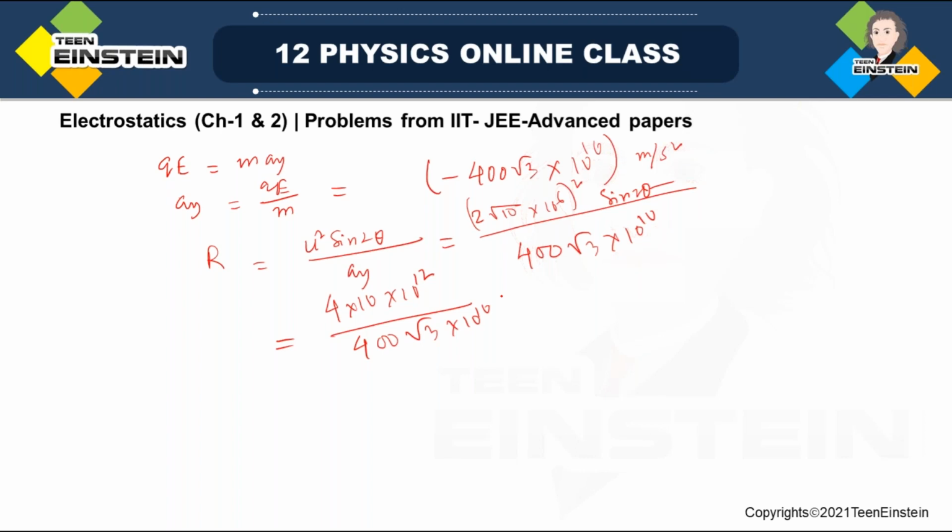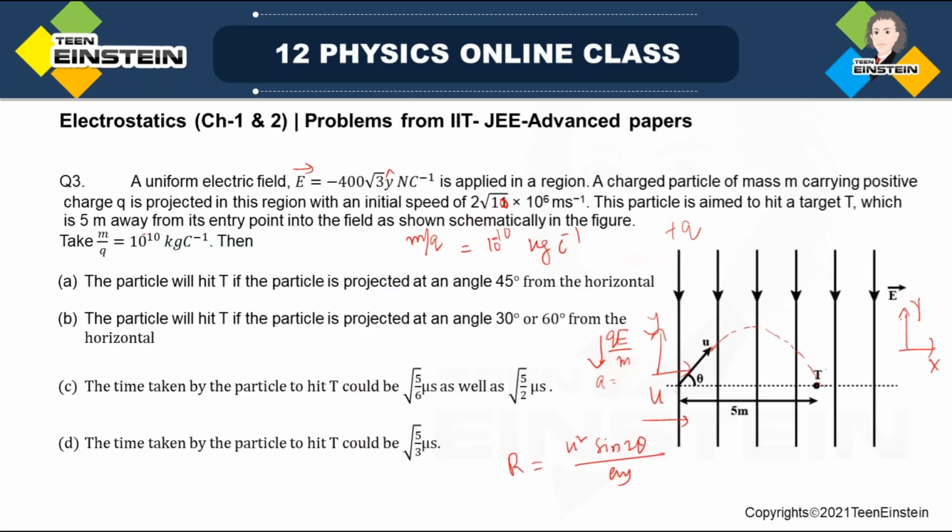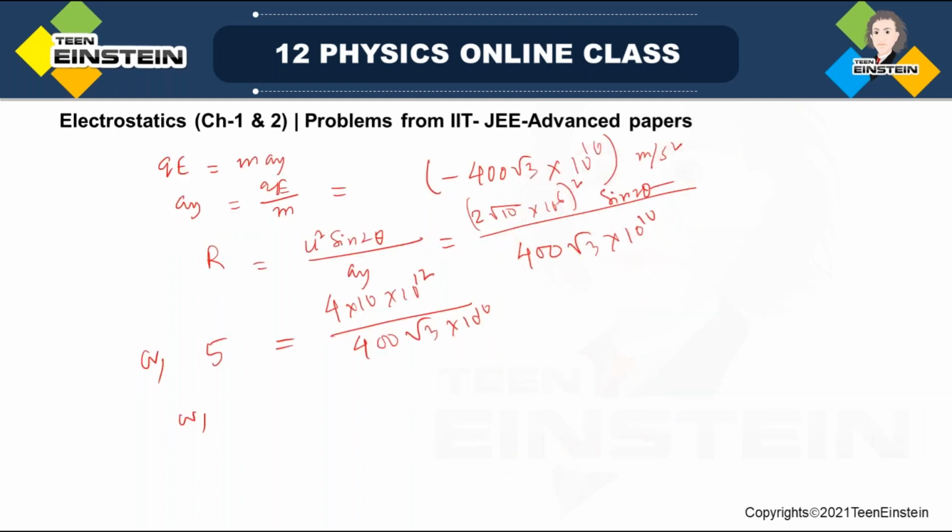So eventually, the left hand side is 5, range is 5 as you see in the figure.